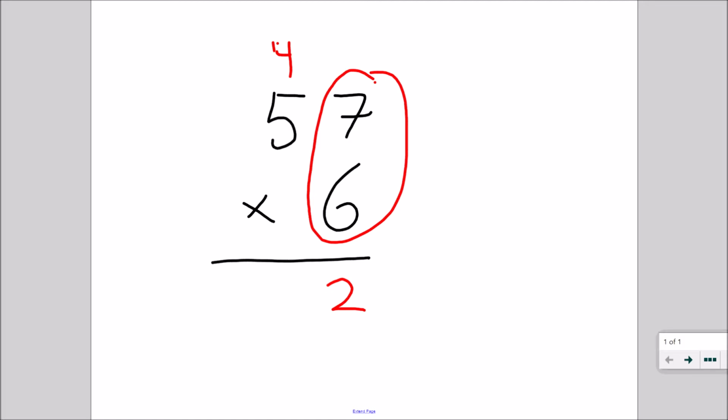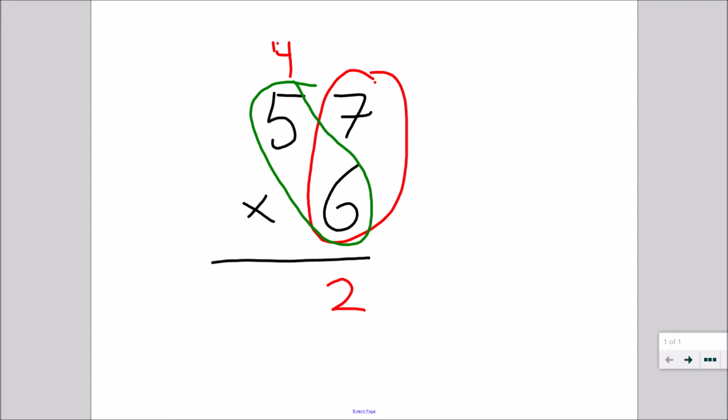Now that I'm done with my ones place, I need to multiply the tens place by my second factor. In this case, that is 5 times 6. Now 5 times 6, I hope you all recall, is 30. But since I'm talking about 5 tens times 6, I'm not talking about 30 ones anymore, I'm talking about 30 tens.